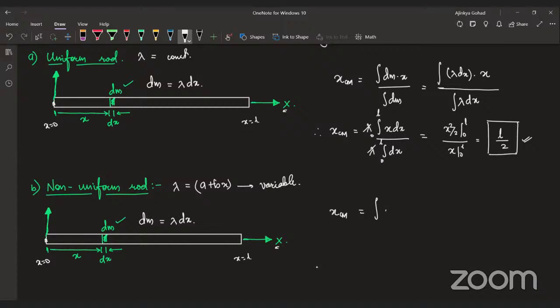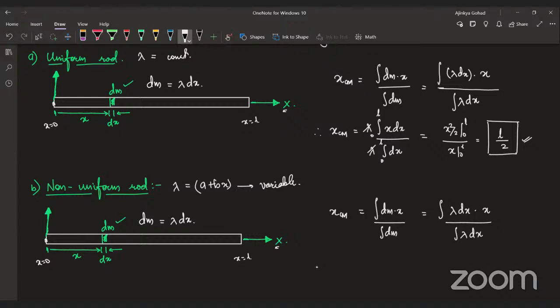So the x coordinate of the center of mass can be written as integral dm into x upon integral dm. So integral lambda into dx x upon integral lambda into dx. Now I cannot cancel out lambda here because lambda is a variable in x. So it needs to be integrated over x.